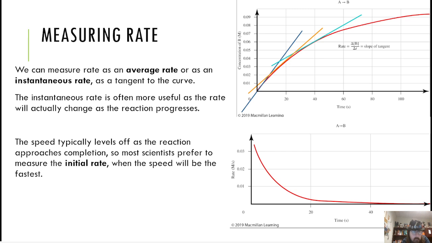And so we're often looking at the reaction speed only at the very beginning at best. So speed typically levels off, so we're measuring essentially the slope right about there before it even gets to 20 seconds. So the more instantaneous we can get it, the less of an average, or the average over a lower time scale we can get, the more accurate we can get the speed.